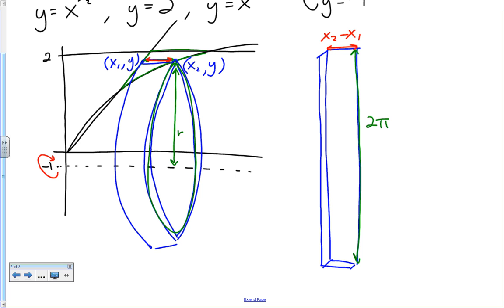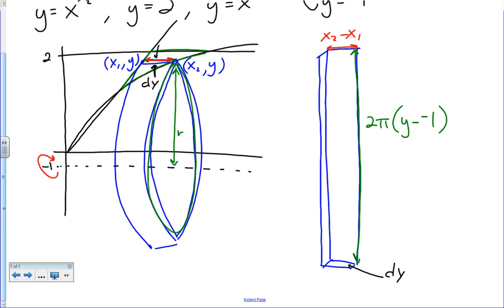So it's y minus a -1. I'm going to write it that way just so we see where that comes from. It's not just y because we are rotating around y equals -1. And then the thickness of our slice, this thickness right here, is a small change in y, so we call that dy.